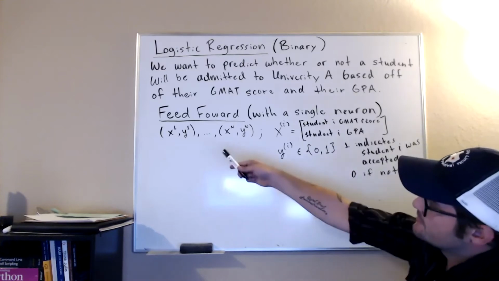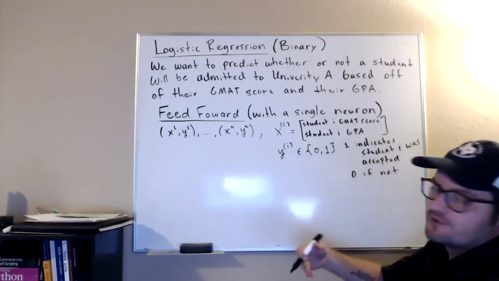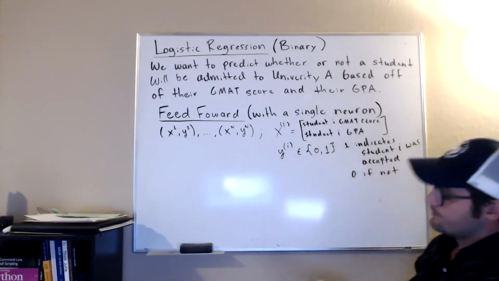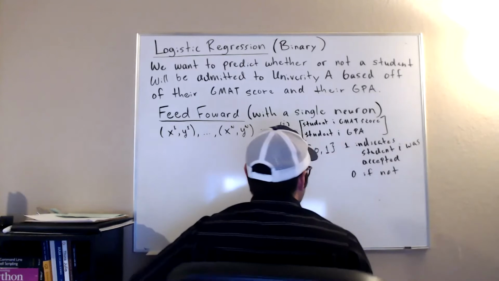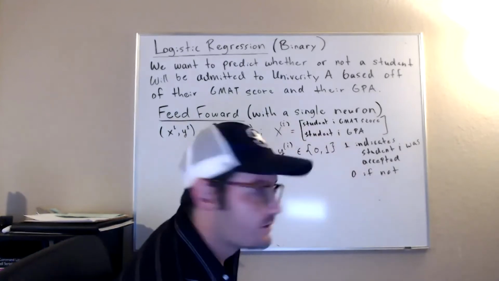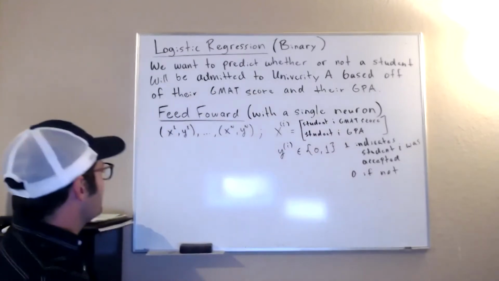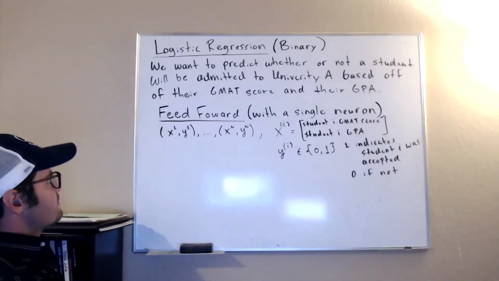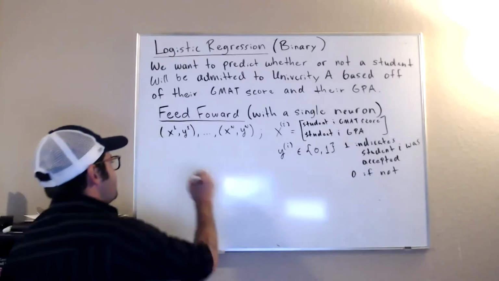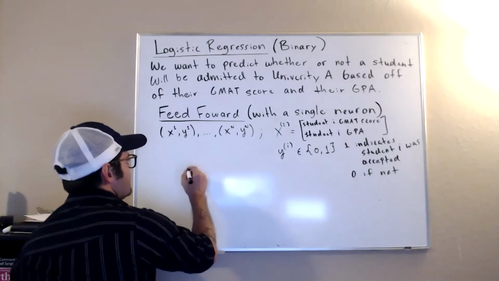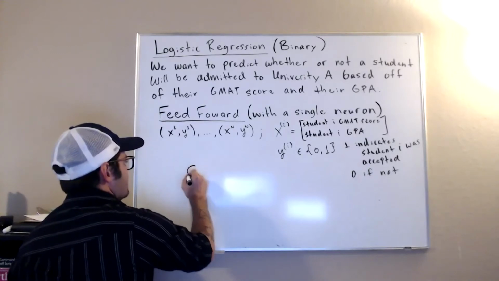Okay, so we're going to use this data to train on, and then hopefully that would be able to help us predict in the future. So in order to get a prediction for a given feature vector xi, we're going to envision this as a single neuron.